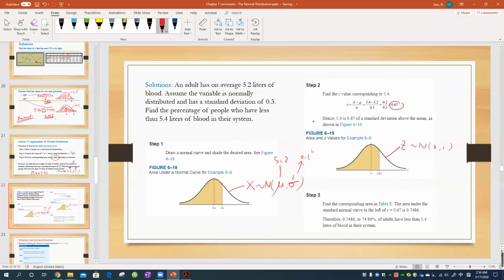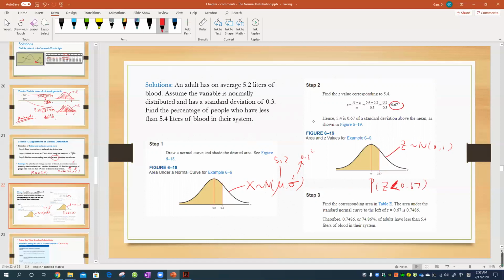So to find the shaded area in this non-standard normal distribution is to find the shaded area using the relative standing in the standard normal. They're the same. So now we just need to find the probability of z smaller than 0.67. For smaller than, we directly check the table.